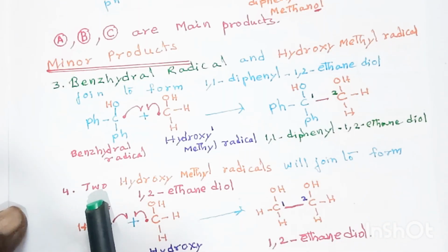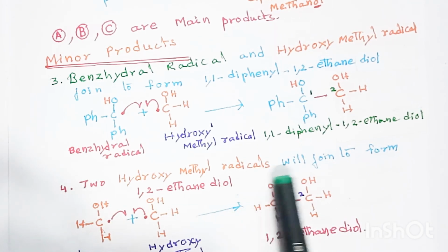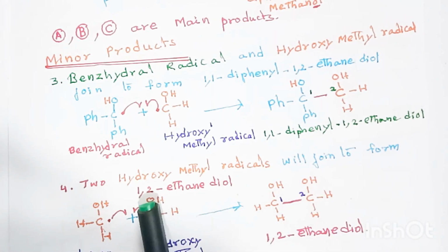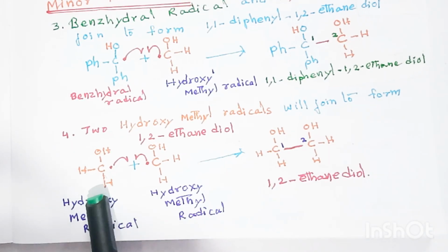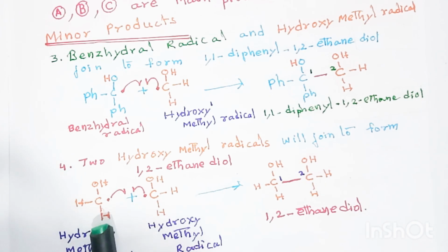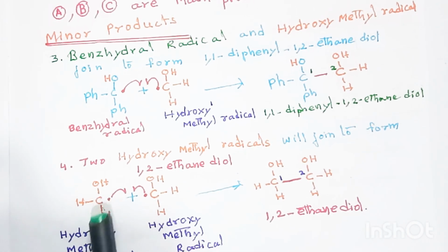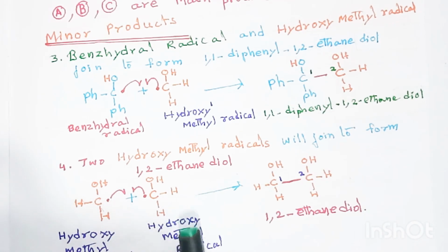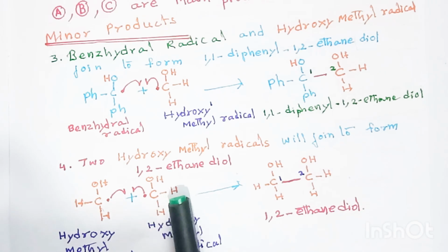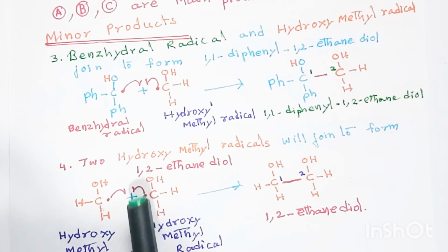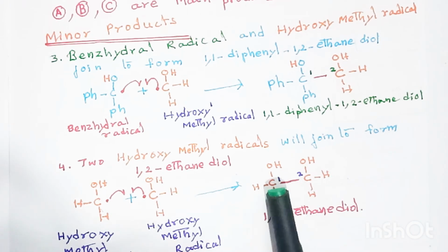Another minor product is 2 hydroxymethyl radicals will join to form 1,2-ethanediol. This is hydroxymethyl radical, that is CH2OH radical. It will combine with another hydroxymethyl radical, CH2OH radical. These two radicals will join to form a new bond.